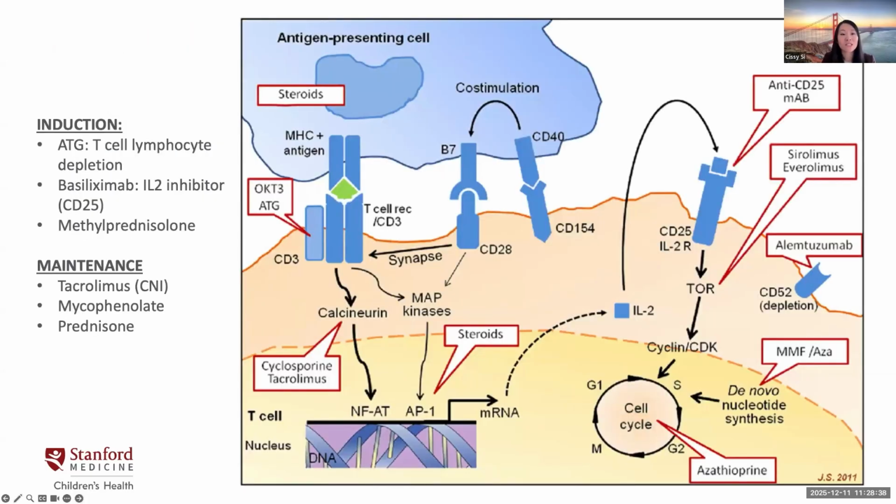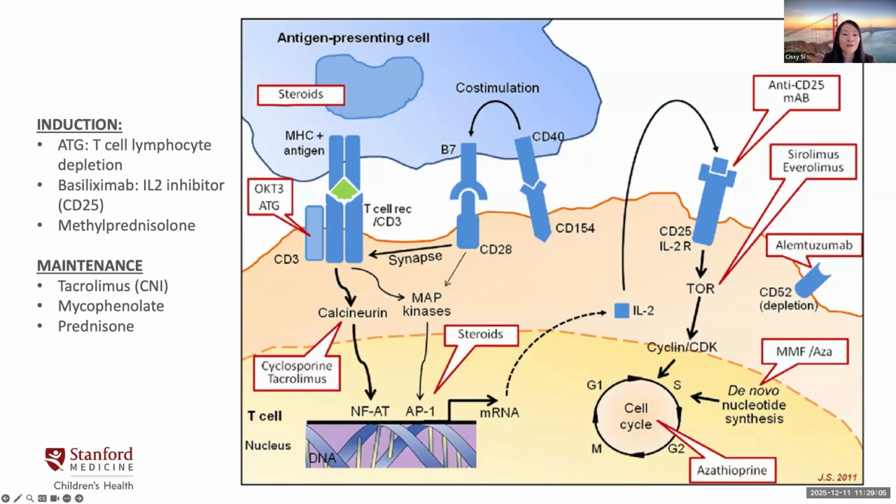For our patients, they receive a lot of immunosuppression going into the transplant surgery, as well as ongoing maintenance therapy. In more recent years, we've transitioned from using ATG to basiliximab as our primary induction therapy and have noted much less cytopenias in our patients in that initial postoperative period.